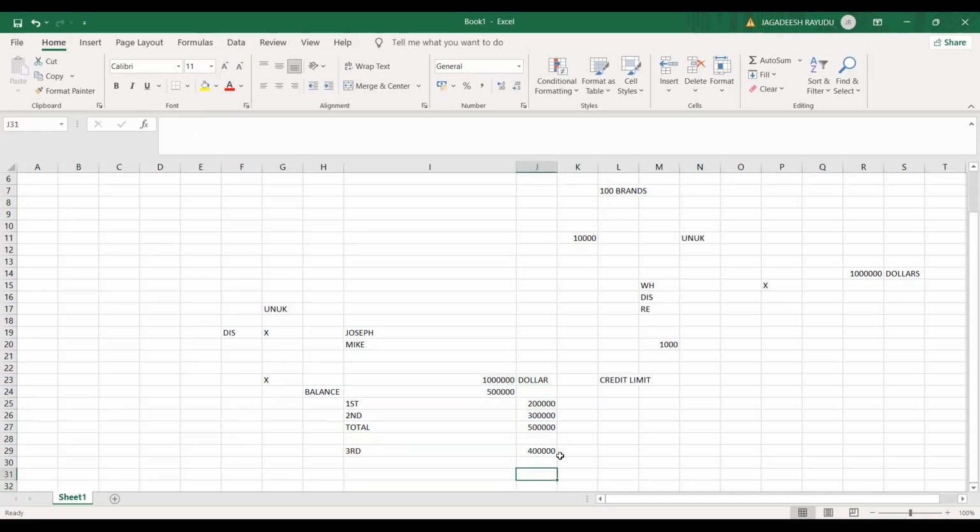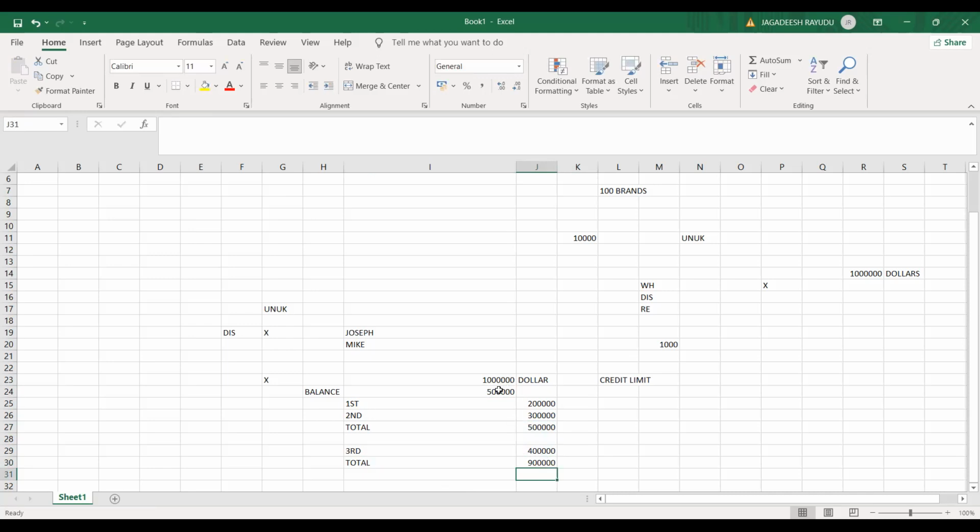Now what is my total? First try to understand this. My total is equal to the sum of these, so that means 9 lakhs I utilized.